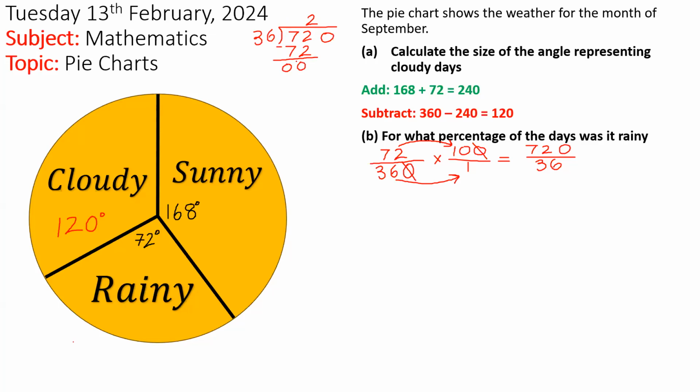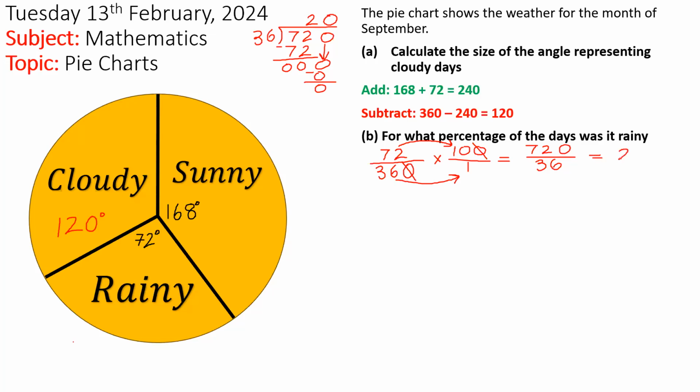We bring down the 0. So how many times does 36 go into 0? 0 times. So it's going to be 0. And so 0 minus 0 is 0. And so 720 divided by 36 is going to be 20.